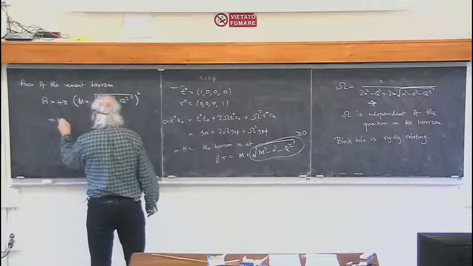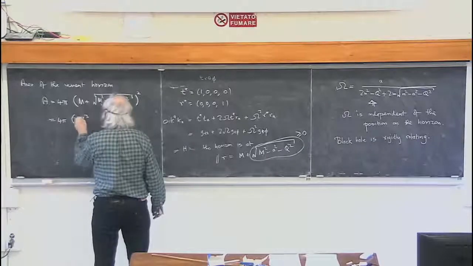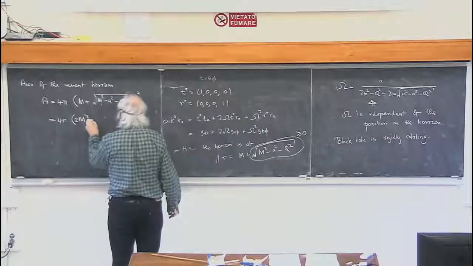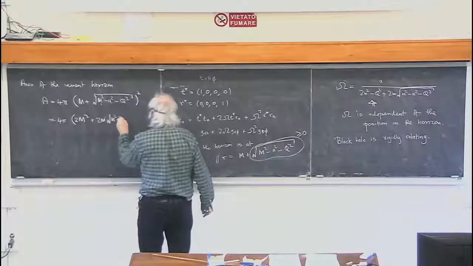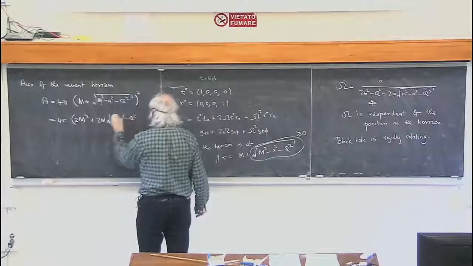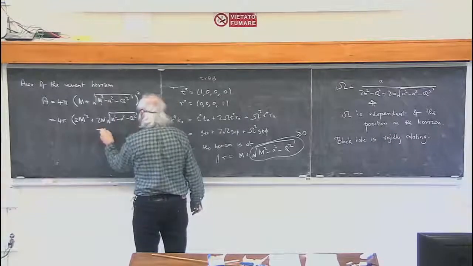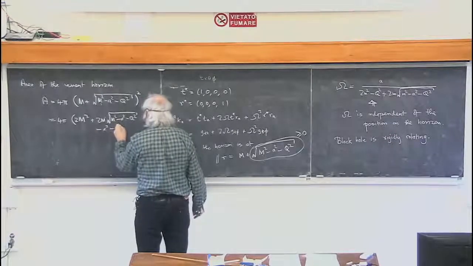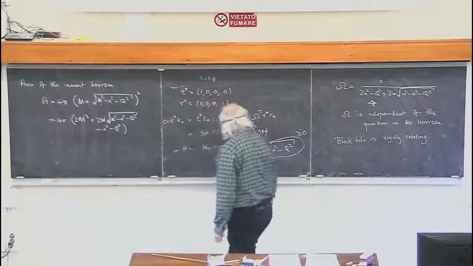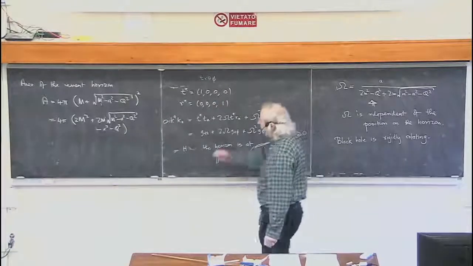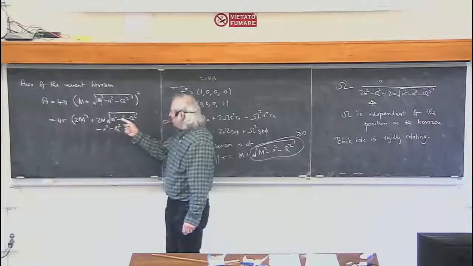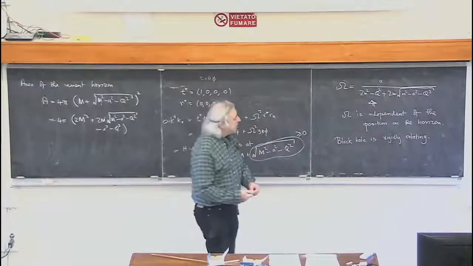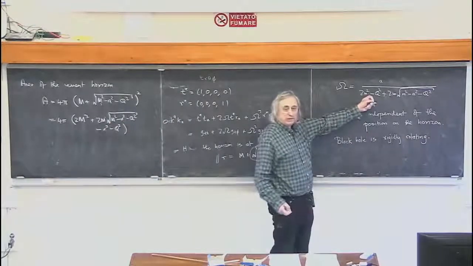Or if you prefer it, 2m squared plus 2m square root of m squared minus a squared minus q squared, minus a squared minus q squared. You will notice that this combination here is the same thing that shows up here.